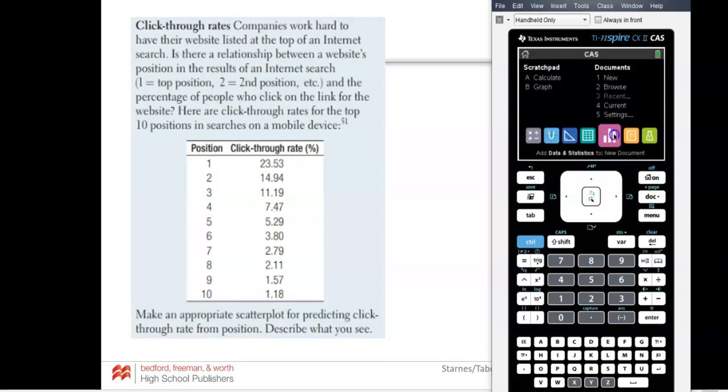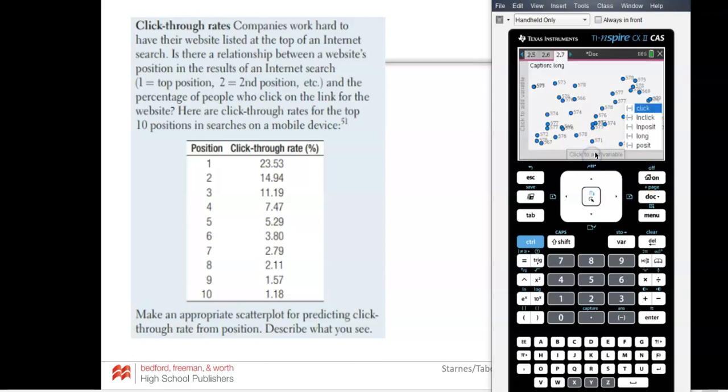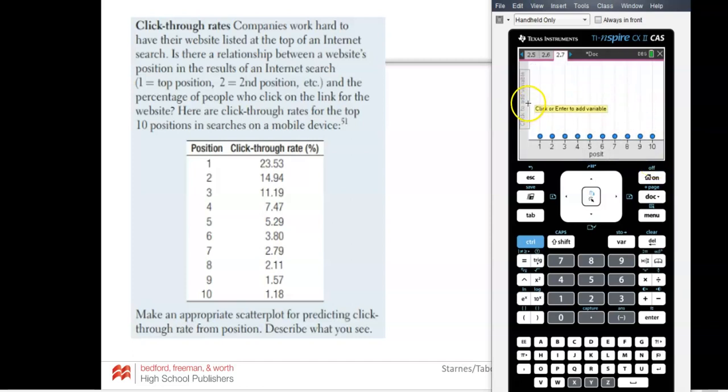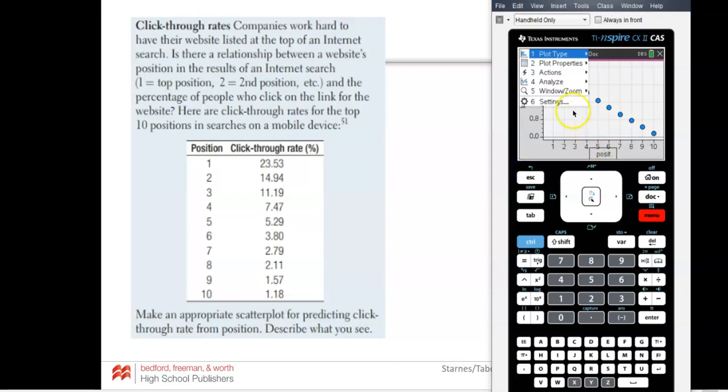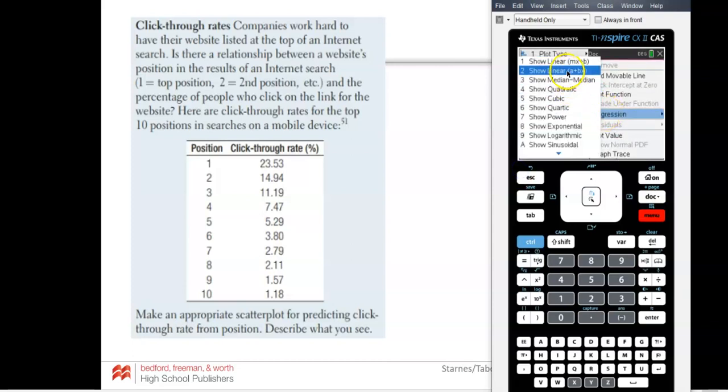So hit the home key. X is just regular posit right there. But we want y to be the natural log of click. Finally, it looks somewhat linear. We can do a linear regression here. So let's go to Menu, Analyze. I think it's under Regression, a plus bx.